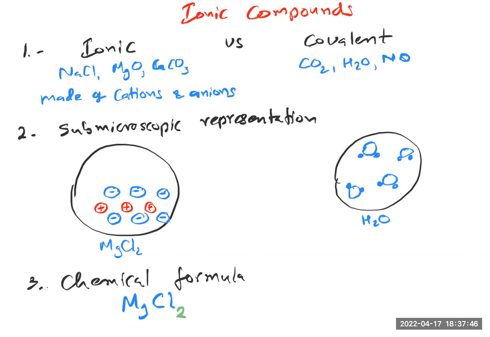And then we're going to talk about why we need two chloride ions for every one magnesium ion. Why isn't it 1 to 1? But before that, we need to be able to determine the charges of elements in an ionic compound. Okay, so let's see if we can do this.